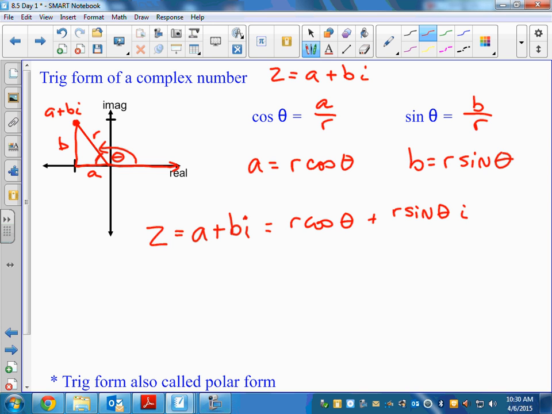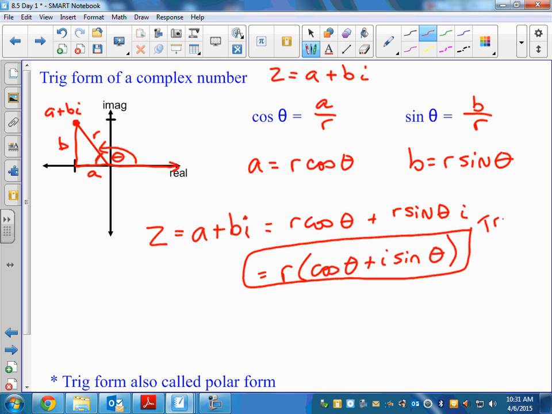Just simplifying a little bit, I could factor the r out of that and say that's r times the quantity cosine of theta plus i sine of theta. That is the trig form of a complex number.